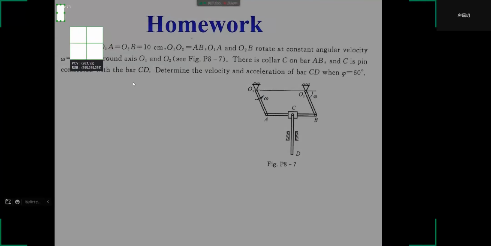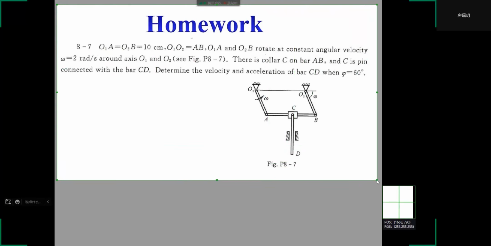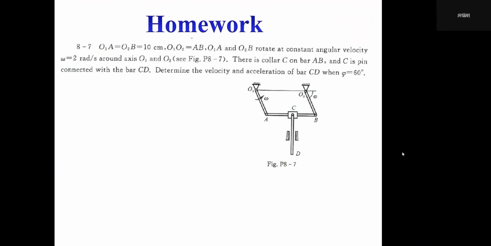I will post it in our WeChat group. Maybe I can give you some hints. We have O1A equal O2B equal 10 centimeters, and O1O2 equal AB. So you guys will find actually this is a parallelogram, 平行四边形, right?